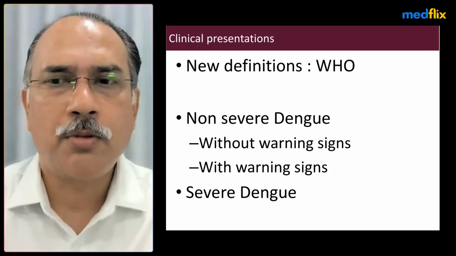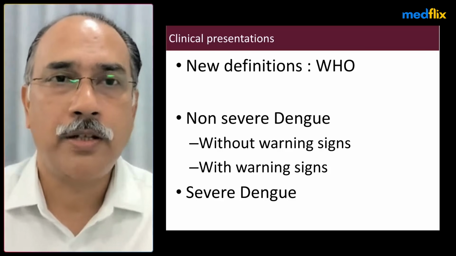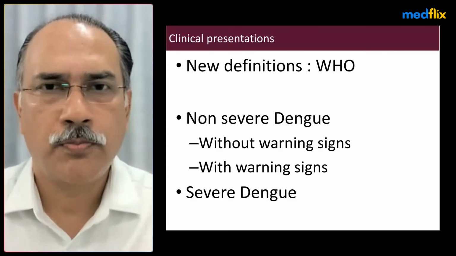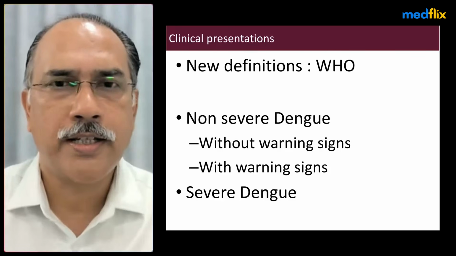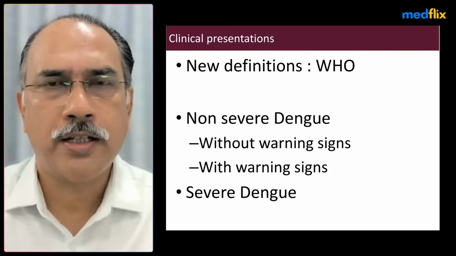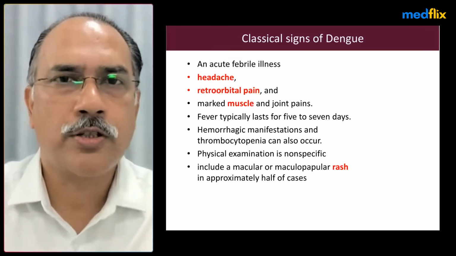Now, just a few words about dengue fever. So these are not new anymore, but we had a previous definition. So putting another one, we call it now dengue fever without warning signs, dengue fever with warning signs, and then severe dengue. So this is how we are going to put our diagnosis.